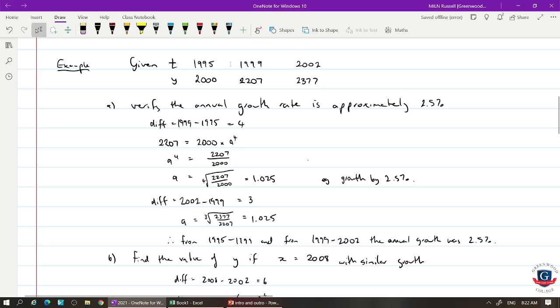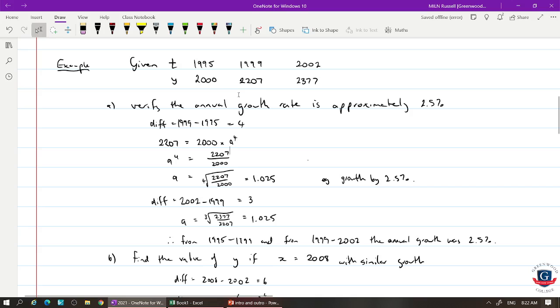So we can go from 2002 back to 1999. To make life easy, this time I'm going to declare this my starting value and say that it's increased by 3 years. So A equals the cube root of that divided by that. I've just done this process in one step. And again, I get 1.025.